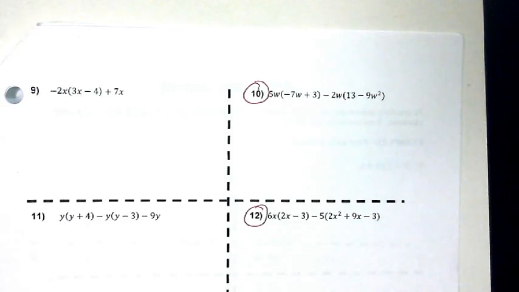Number 10. Riley was literally less than a millimeter away from being picked. Whoops.